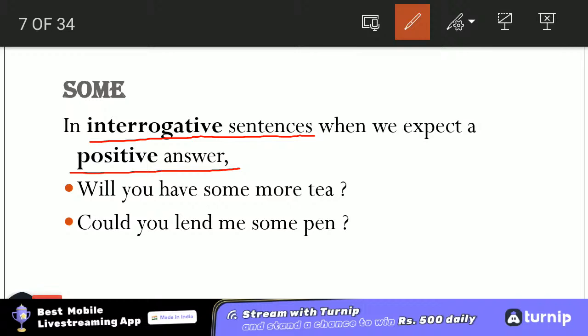For example, will you have some more tea? Could you lend me some pen? So again, an interrogative sentence where the answer is expected in a positive sense.